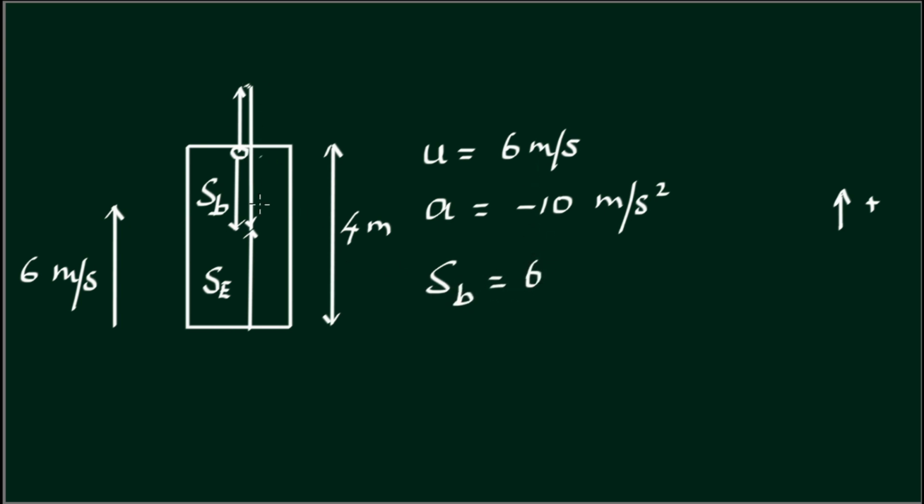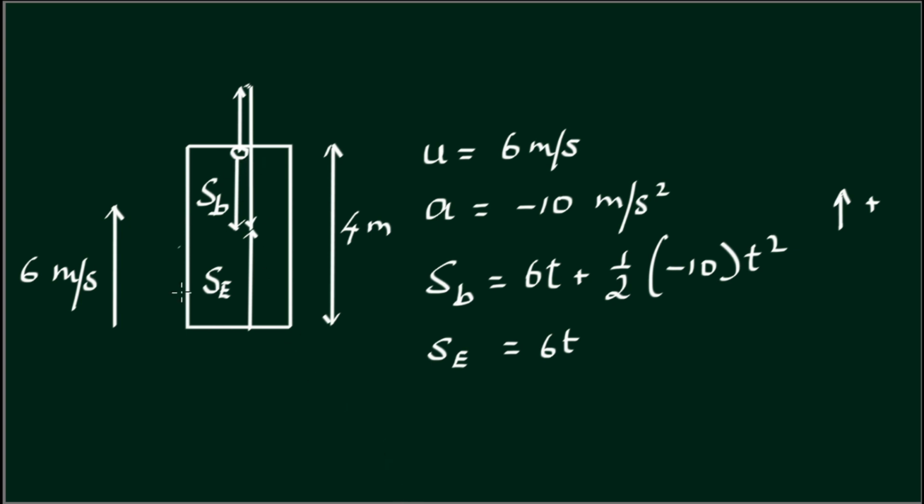So if the time of travel for the bulb between when it breaks loose from the ceiling and when it hits the floor, let's say the time is t, so ut plus half acceleration of the bulb, minus 10, t squared. During the same time, the displacement of the elevator is 6t. It's moving at a constant velocity.